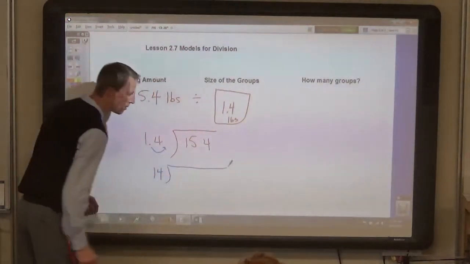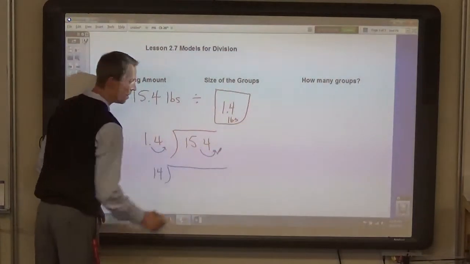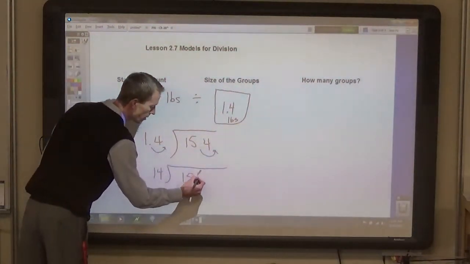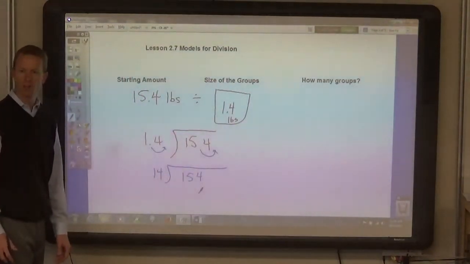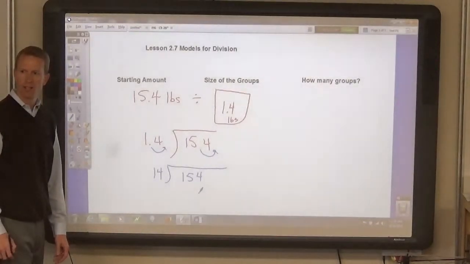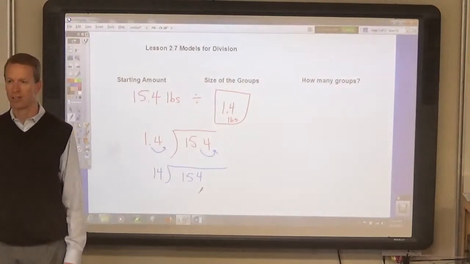Then we have to move the decimal point over in the dividend, the amount we're starting with. So our new problem is 14 into 154. Go ahead and divide that out.